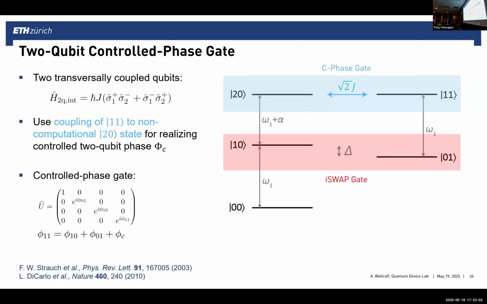And so this coupling between 20 and 11, you can actually use to not do an iSWAP gate, which swaps the two states of the qubits with an additional phase factor, but to do a so-called controlled phase gate.